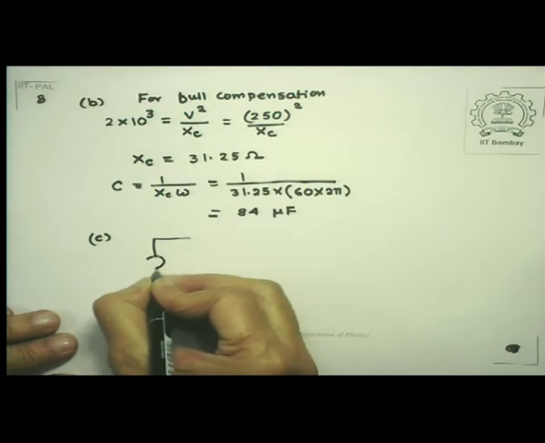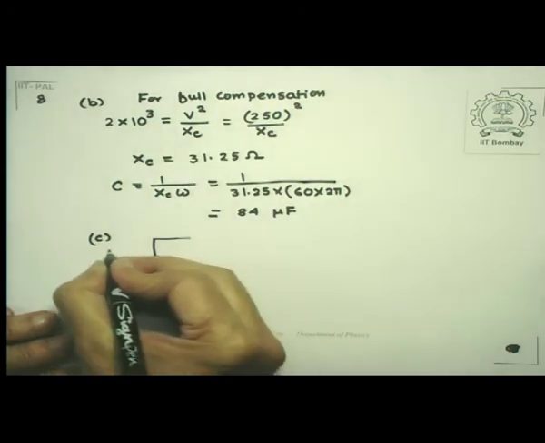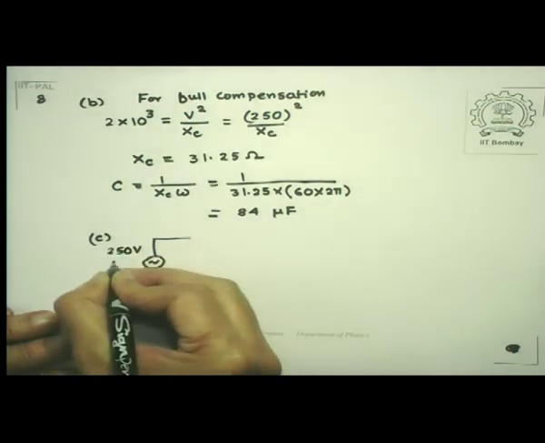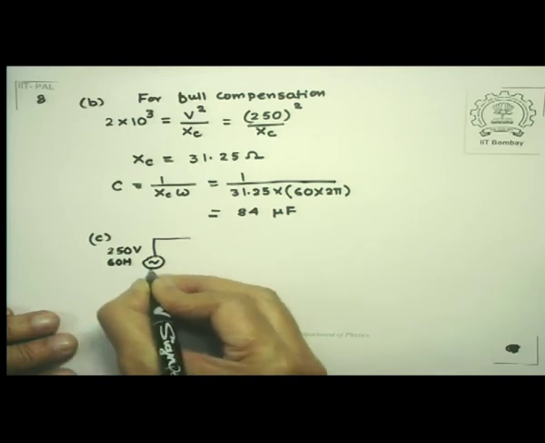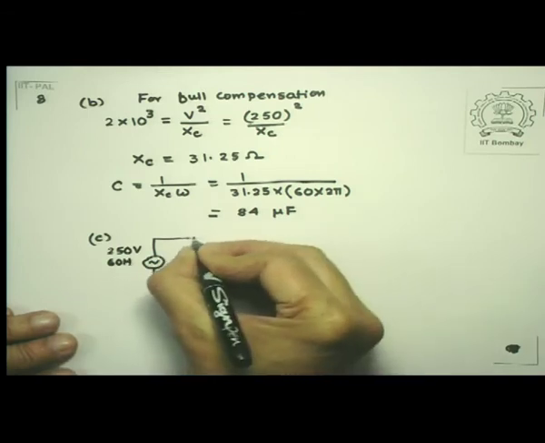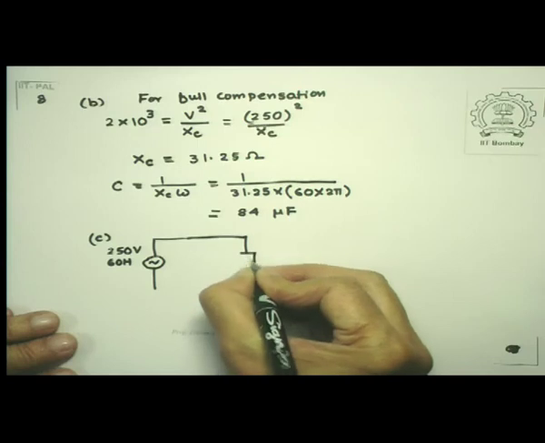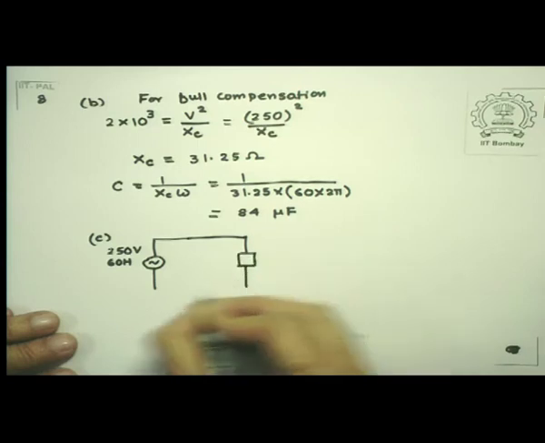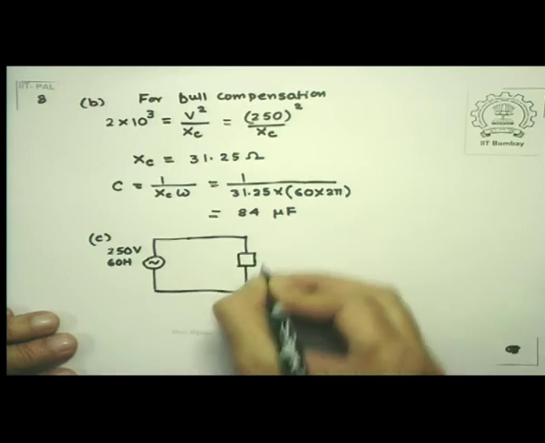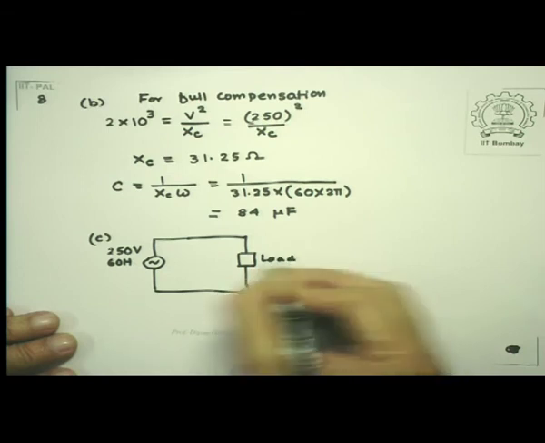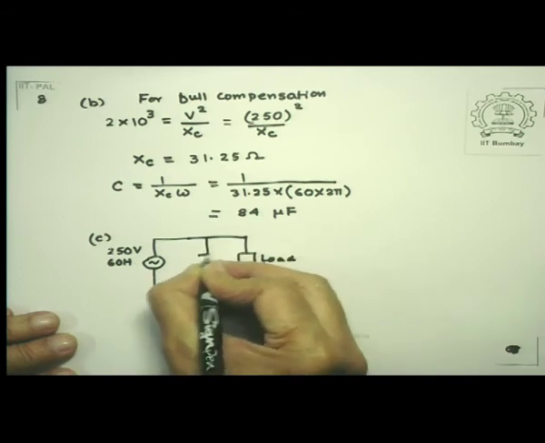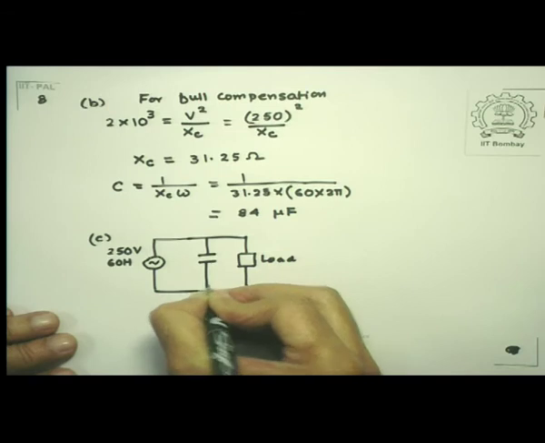So let me see how much correction I have made. So my circuit now becomes 250 volts, 60 hertz. I had a load here, which I need not worry about right now. And I decided to put in a capacitor which is 80 microfarad.